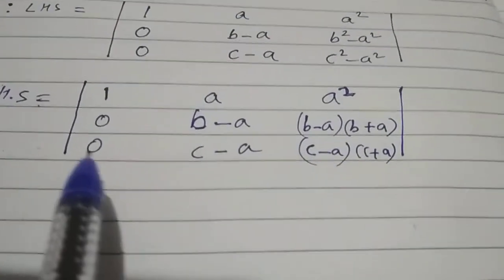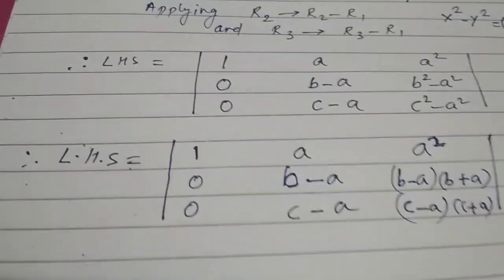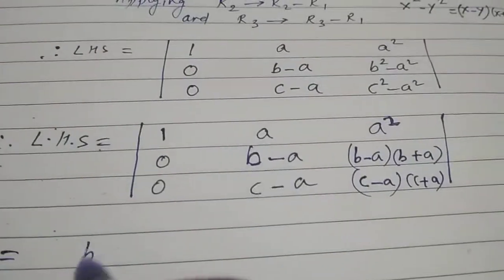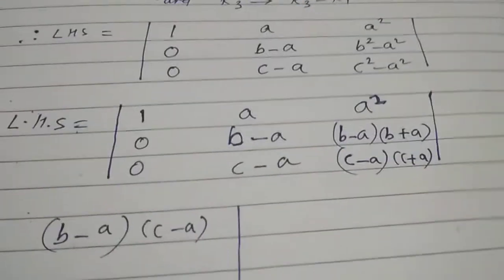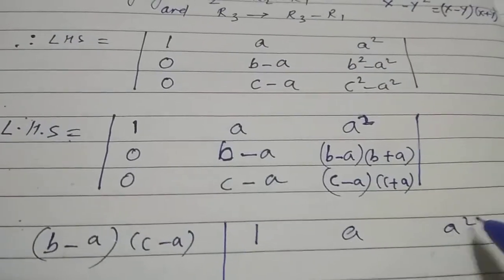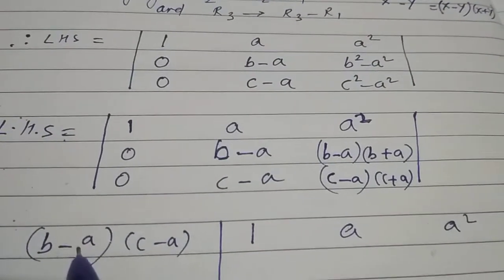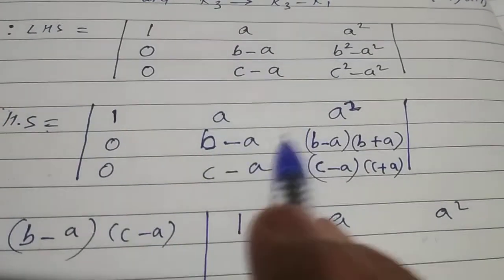So b minus a, c minus a, I am multiplying outside so as to balance.